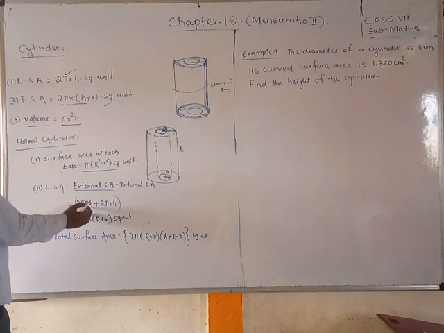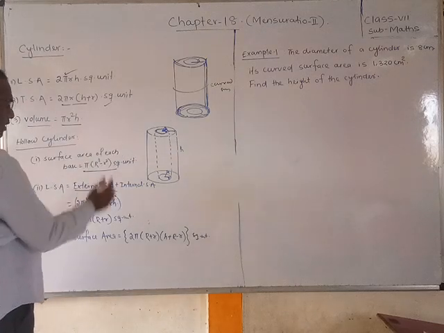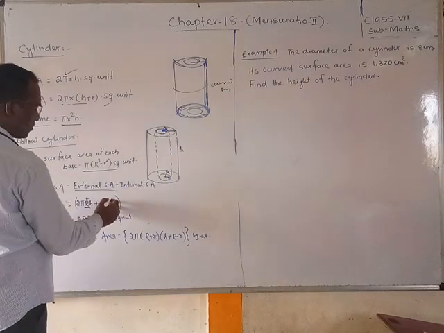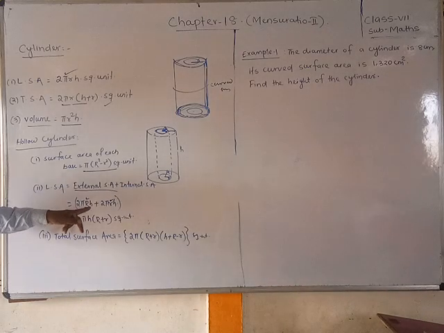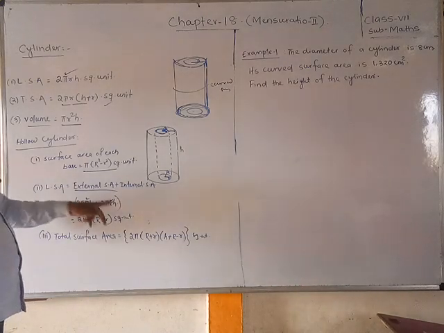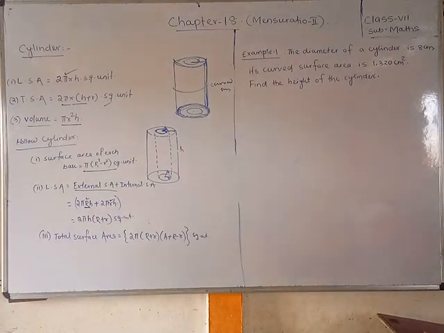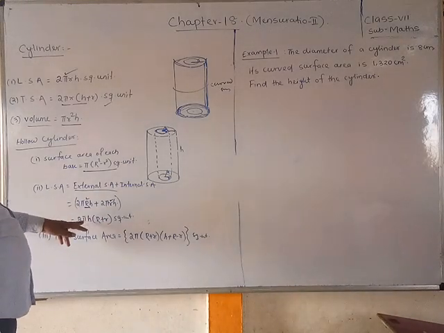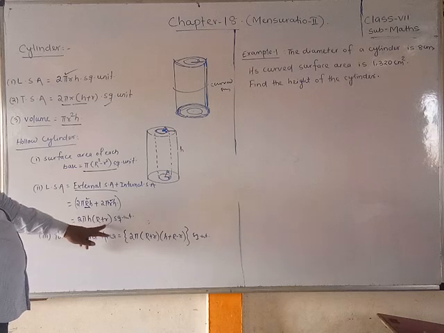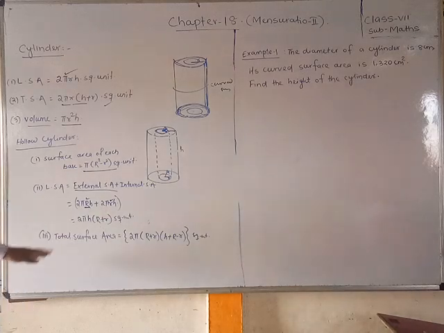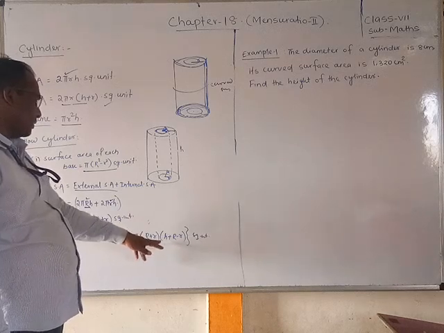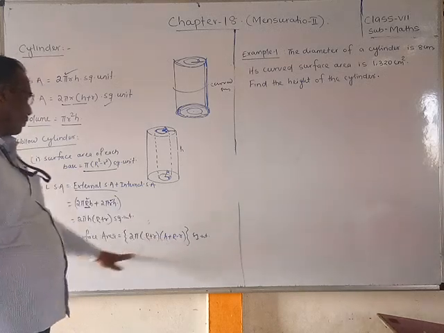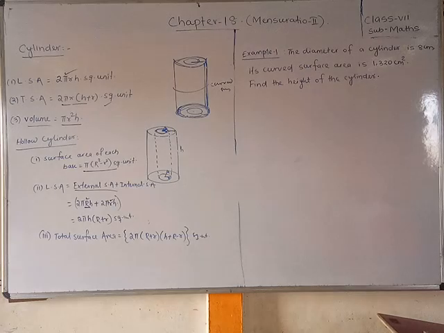The only difference is that for the outside it is capital R, and for the inside we take small r, with the same formula 2 pi r h. If you take 2 pi h common, then capital R plus small r. So the total surface area is 2 pi times R plus r times h plus R minus r. This formula you have to remember, students.